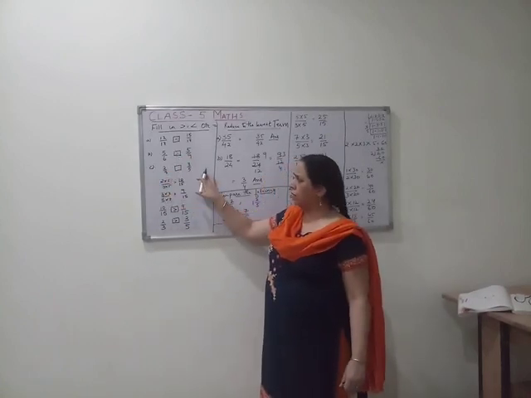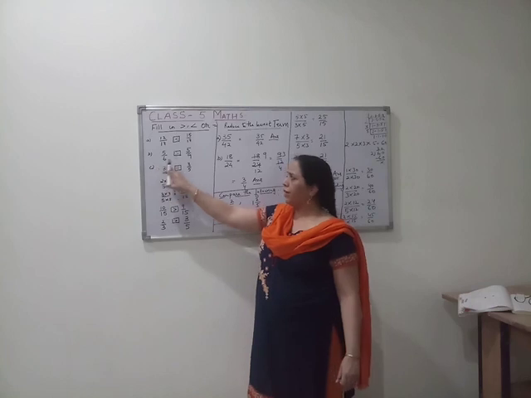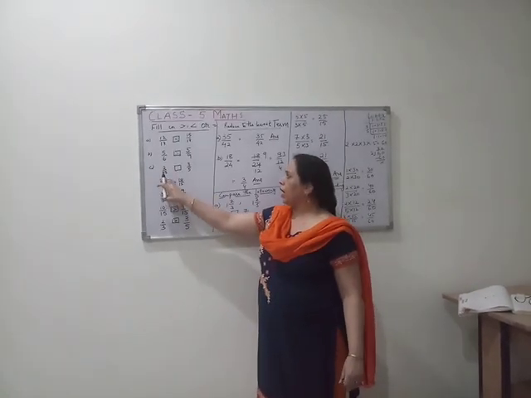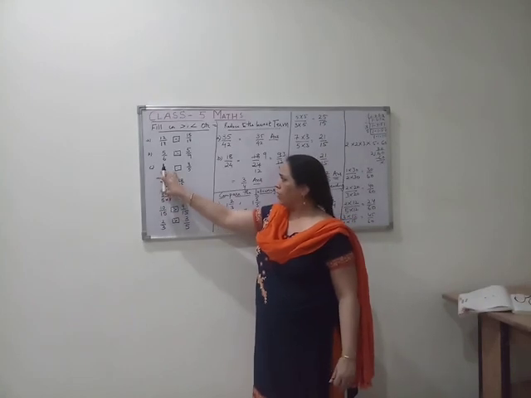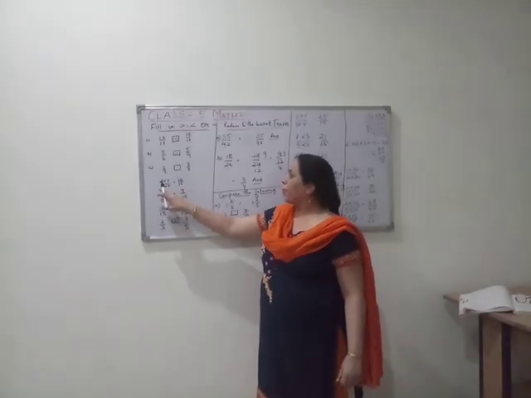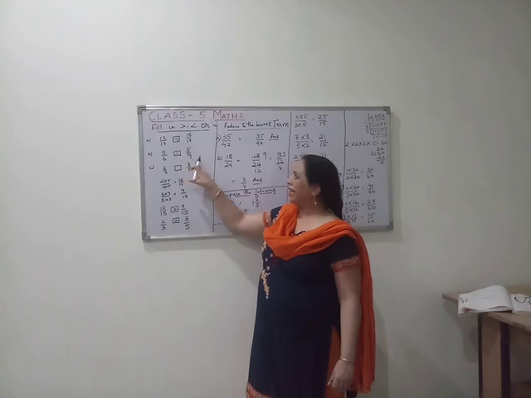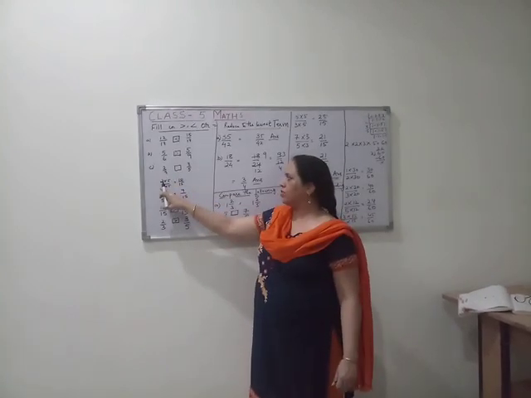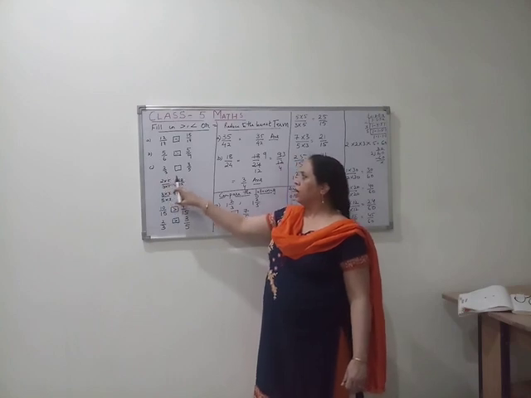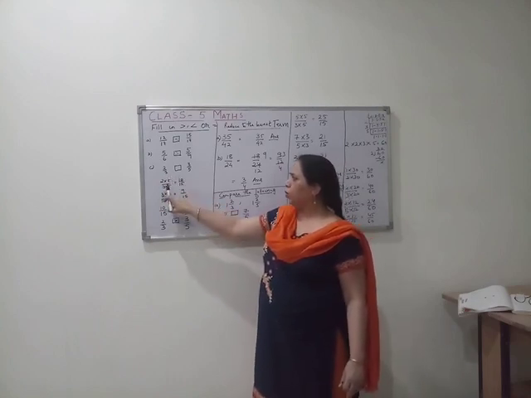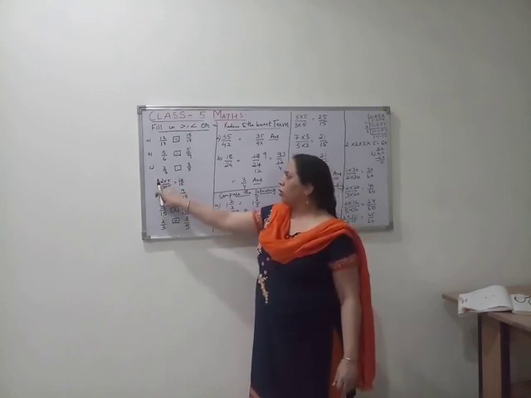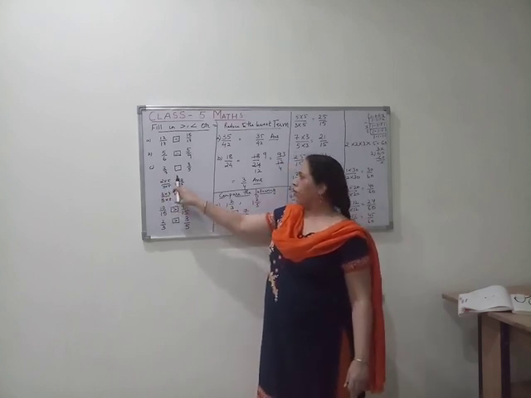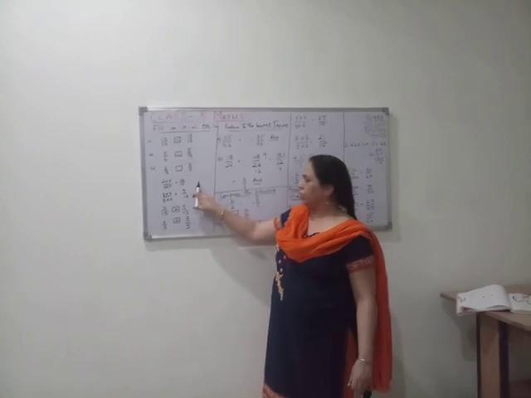Whereas in the third case, when the denominators and the numerators are both different, then we have to make the fractions equivalent fractions. Here we have 2 upon 3 and 3 upon 5. Now we have to multiply 2 upon 3 with such a number that it becomes an equivalent fraction. 2 into 5, 3 into 5, and we will get 10 upon 15.